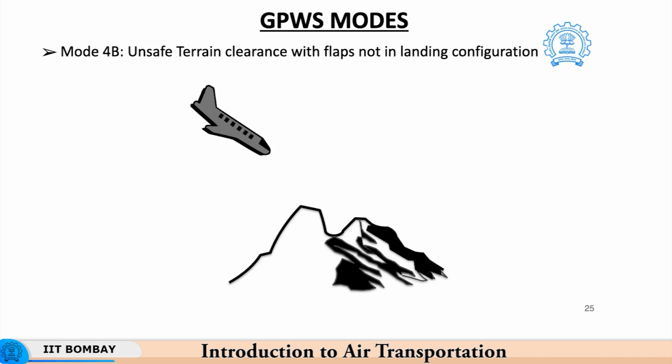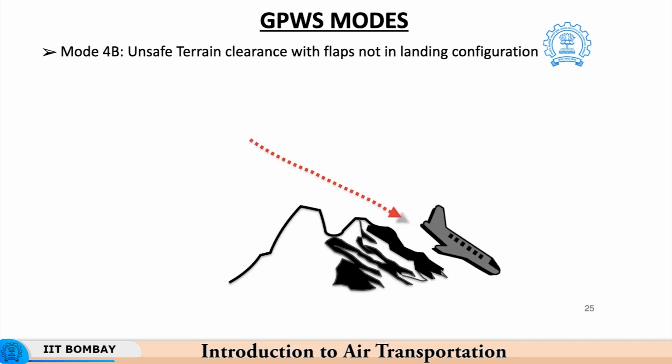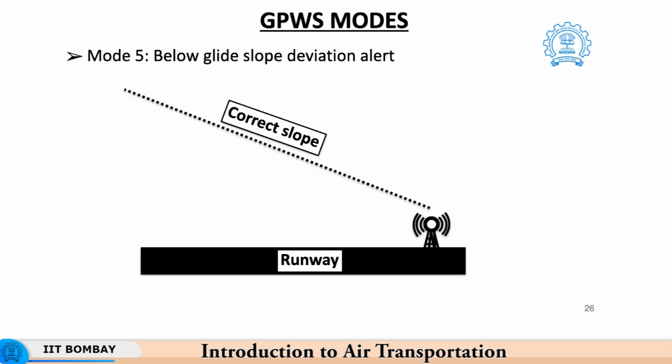Then in that case, mode 4B comes into the picture. The last mode associated with the GPWS is called mode 5, wherein if the aircraft deviates away from the actual required glide slope, this type of warning will come into the picture.